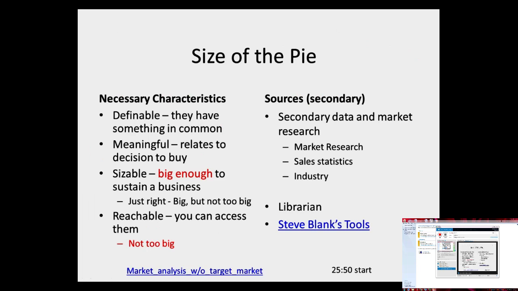So how do you figure out how big of a pie it is? Well, you have to be able to separate potential customers into buckets. So you need some characteristics that define people in this bucket versus that bucket.